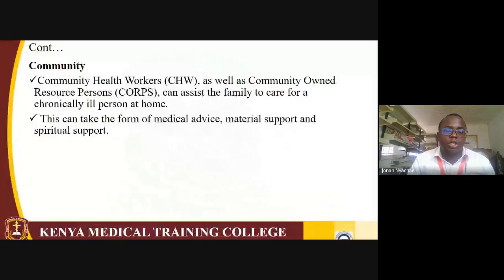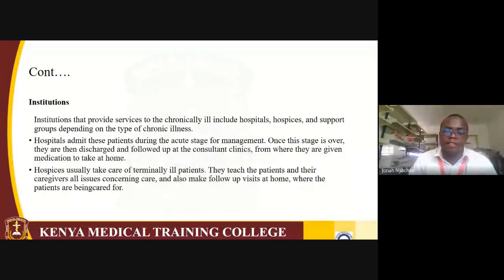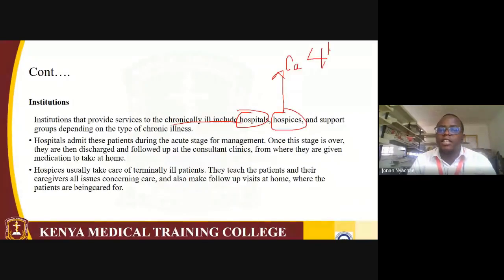So also institutions can provide service to chronically ill patients. Some of the institutions that we have are the hospitals and the hospice, where we can refer patients who have cancer, maybe at the fourth stage or third stage. It is basically management; we don't see any quality of life after management.